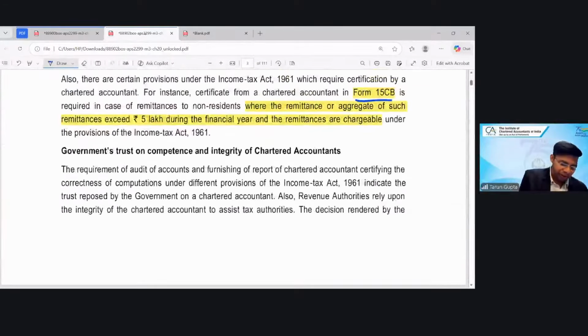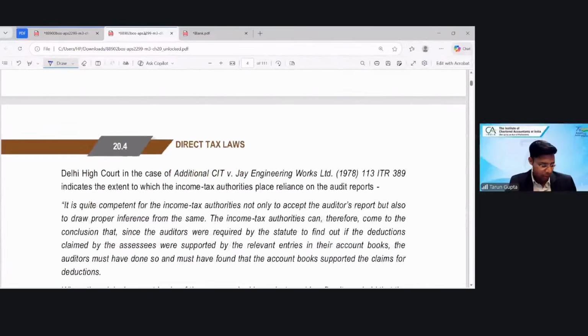The government trusts the competency of chartered accountants. There was a case of the Delhi High Court, the case of J Engineering. What happened in this case, I think, is that the books of account were lost, or got burned in a fire. Then the court allowed the deduction on the basis of the tax audit report furnished by the chartered accountant.